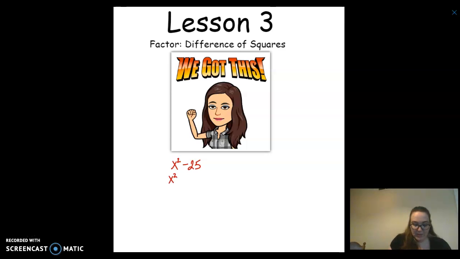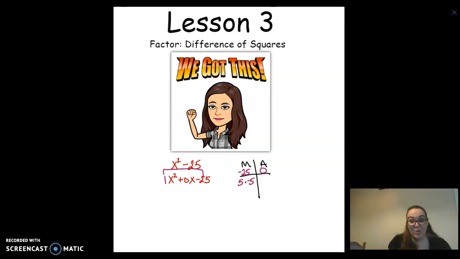Because there's no GCF, I can actually put a 0x here. And when I make a MA chart, I could say, we are multiplying to negative 25 and adding to 0. And then we would find those factors of 25, which are 5 and negative 5.